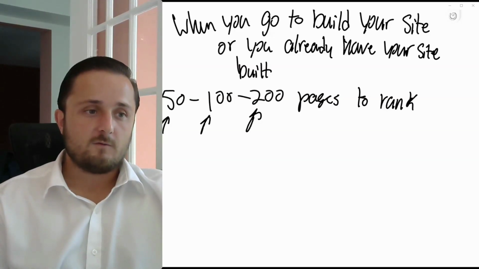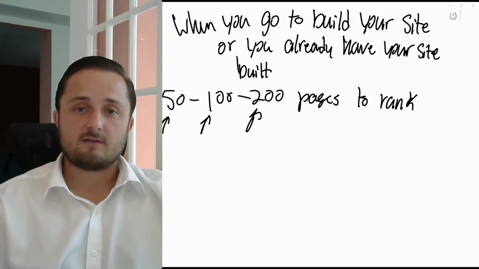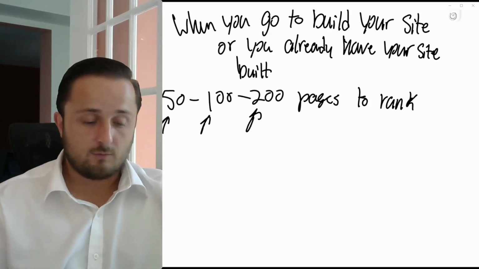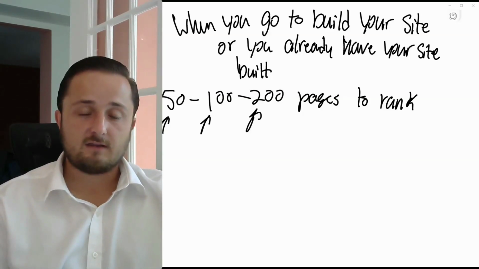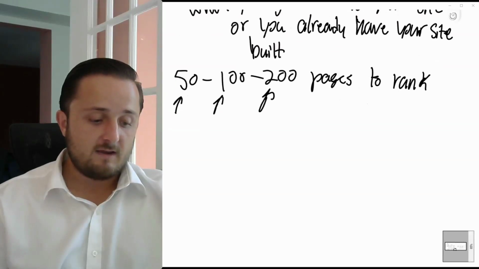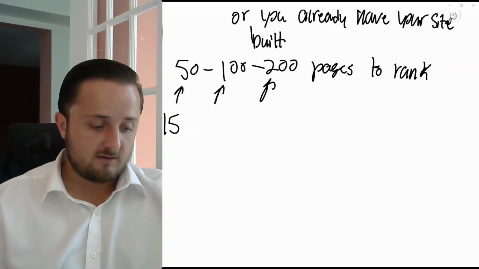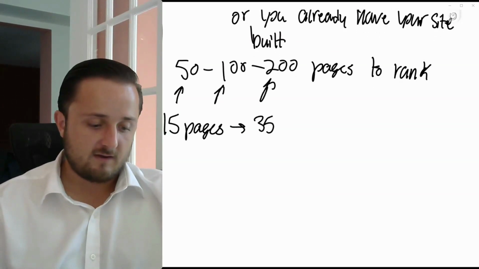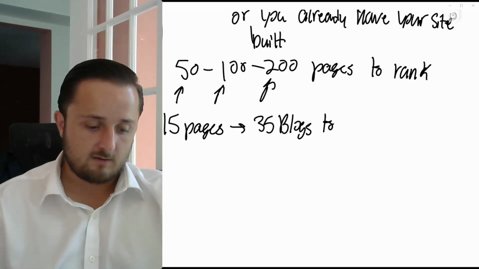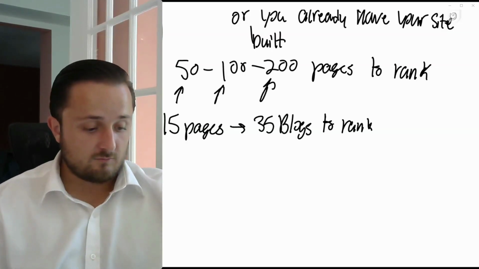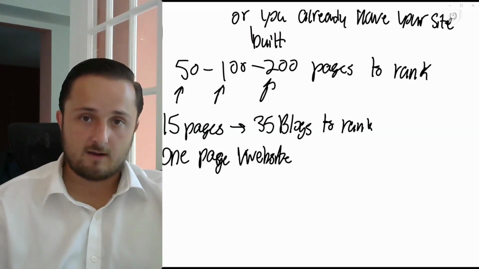To rank locally, like SEO for a roofing company in a city, you may not need more than 15 pages. You don't need 35 blogs to rank. You can rank a one-page website, right?